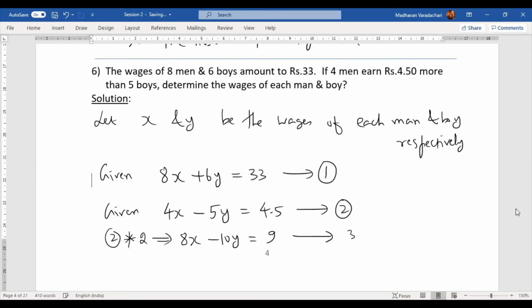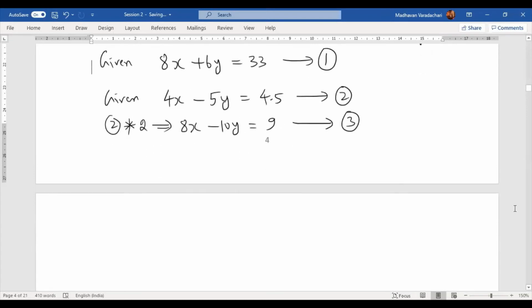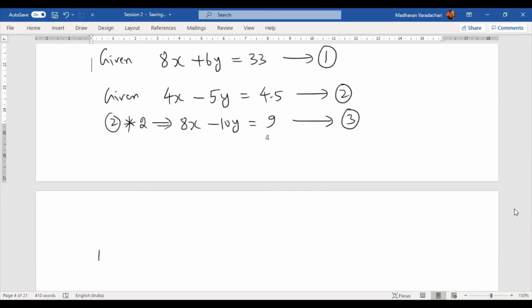Call this equation 3. Now we can subtract: first equation minus third equation. 8x gets cancelled. 6y minus of minus 10y is equal to 33 minus 9.